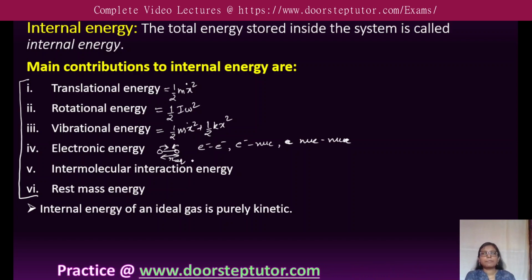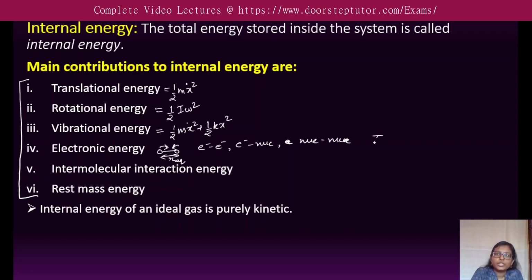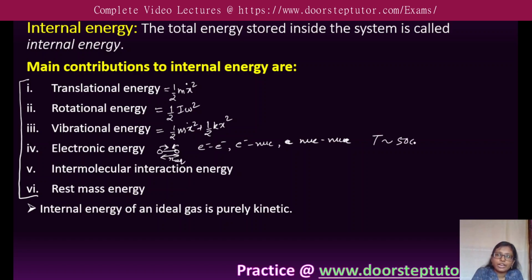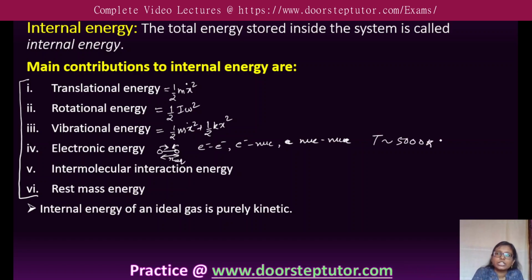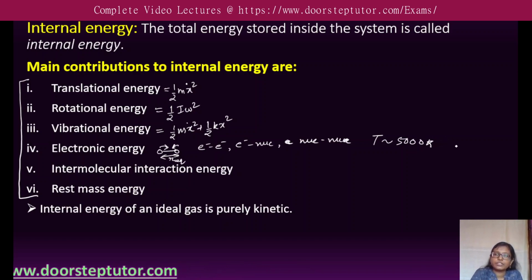Whenever we apply some energy, its electronic energy will increase. Now, for a transition from one electronic energy level to the next electronic energy level, we need around 5000 Kelvin temperature. Now, this much temperature we cannot give at room temperature. So at room temperature, say we can apply from 300 up to 1000 Kelvin maximum.